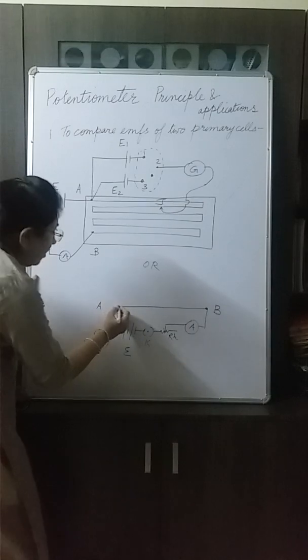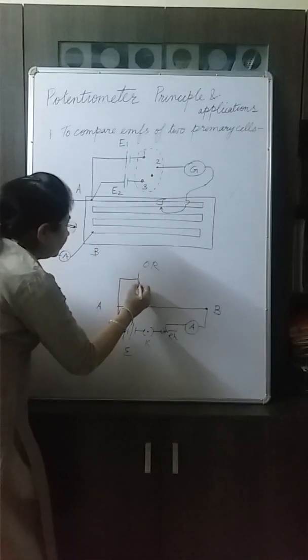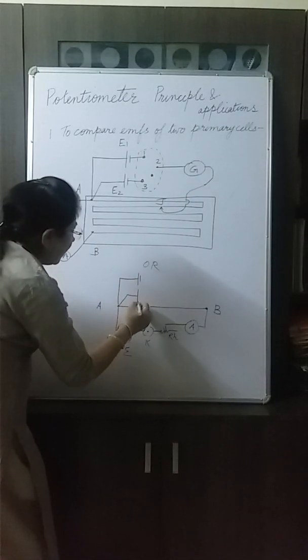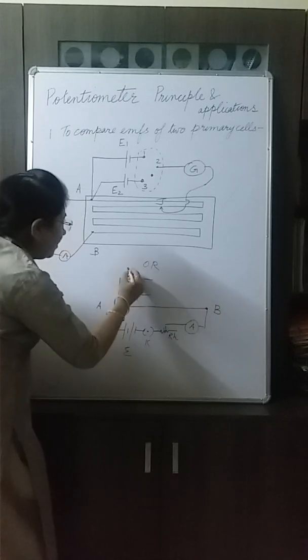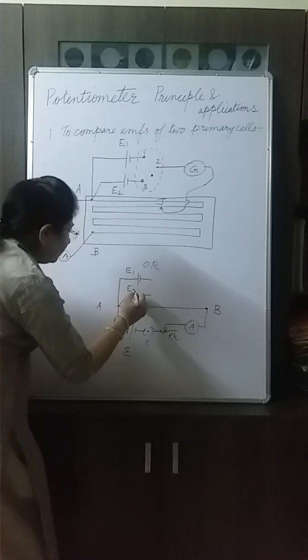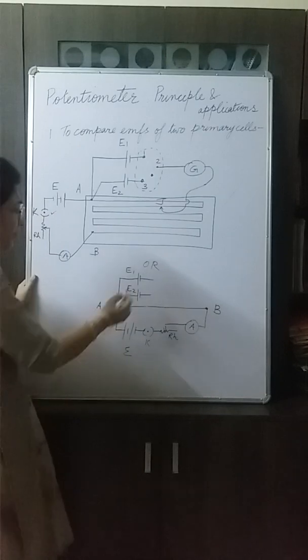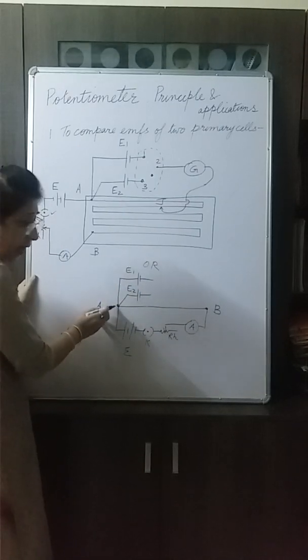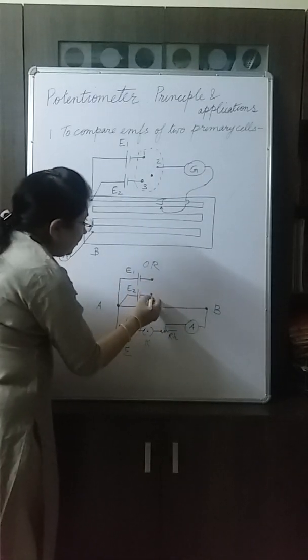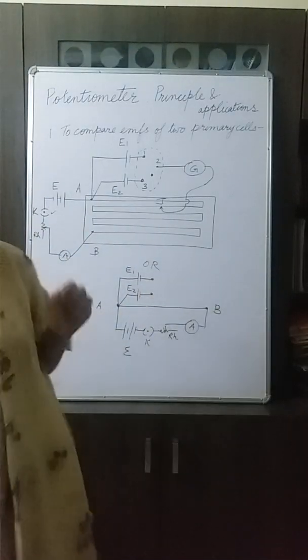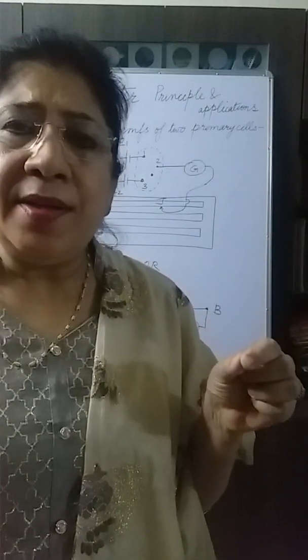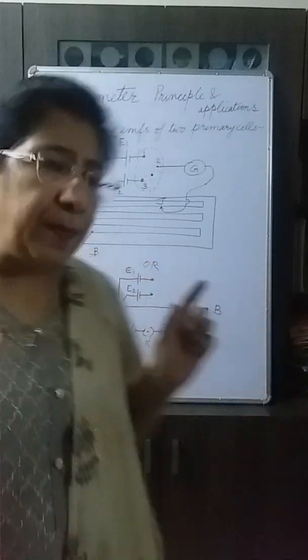From A we have to connect the two cells. We can connect the two primary cells in this manner, E1 and E2. Positive terminals of both the cells are connected to A and the negative terminals are connected to the two extreme points of the two-way key.